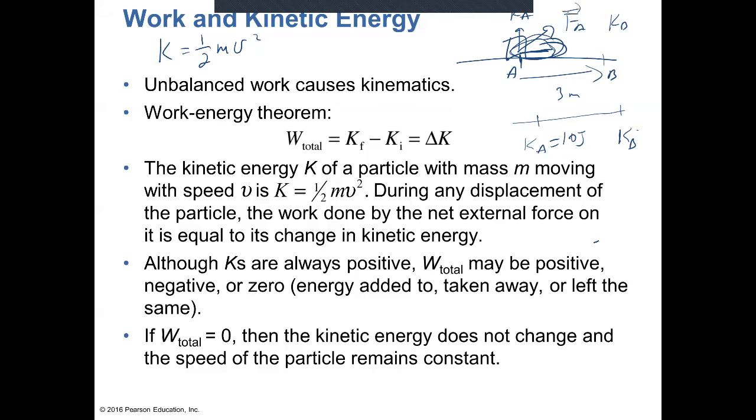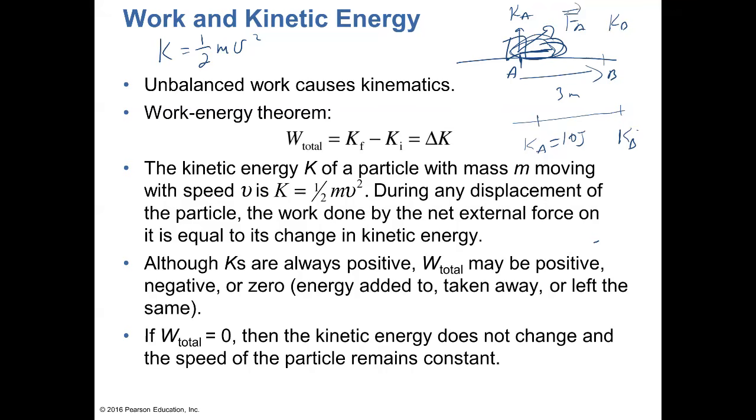Okay, so kinetic energy of 10 joules tells you one thing, that this object is moving at point A because it has a kinetic energy there. Doesn't matter which direction it is moving. Now, if I then want to understand what happens to the object, I need to compare it to some other point. So let's say point B.